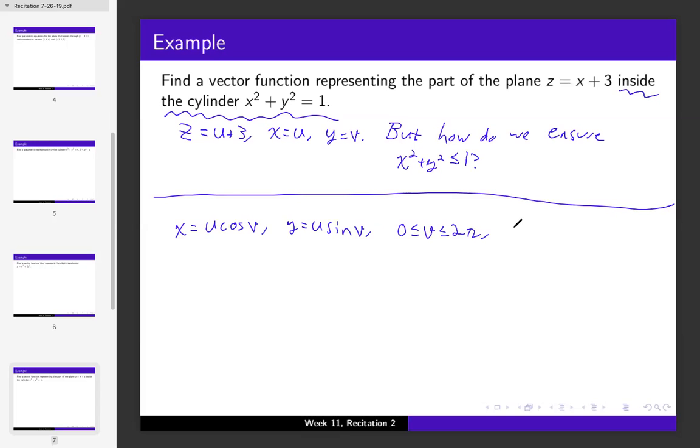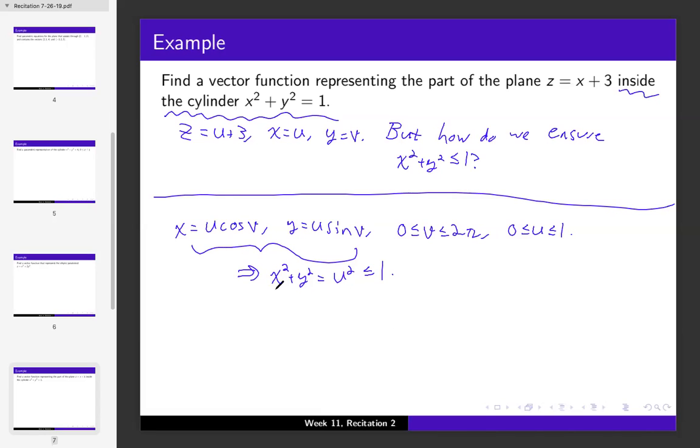What about u? U is going to be between 0 and 1. Now, that will ensure that x squared plus y squared is less than or equal to 1. Right? Because in that case, x squared plus y squared is equal to u squared, which we just saw is less than or equal to 1 in that case.